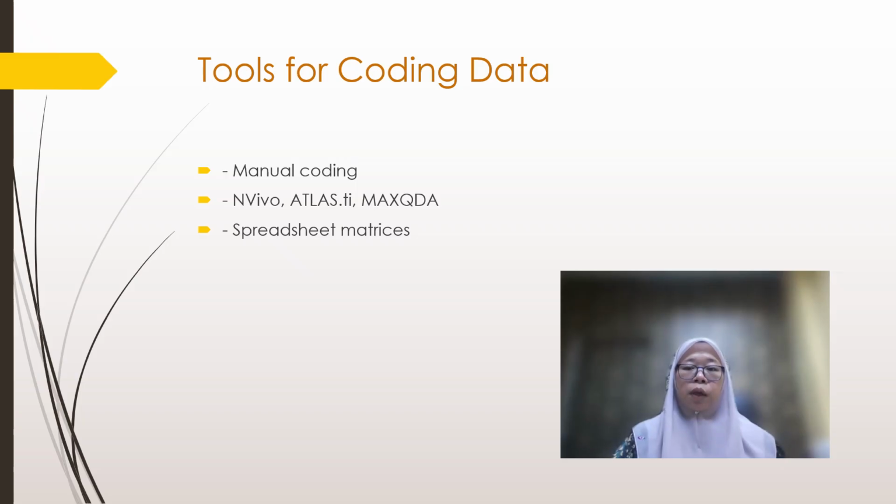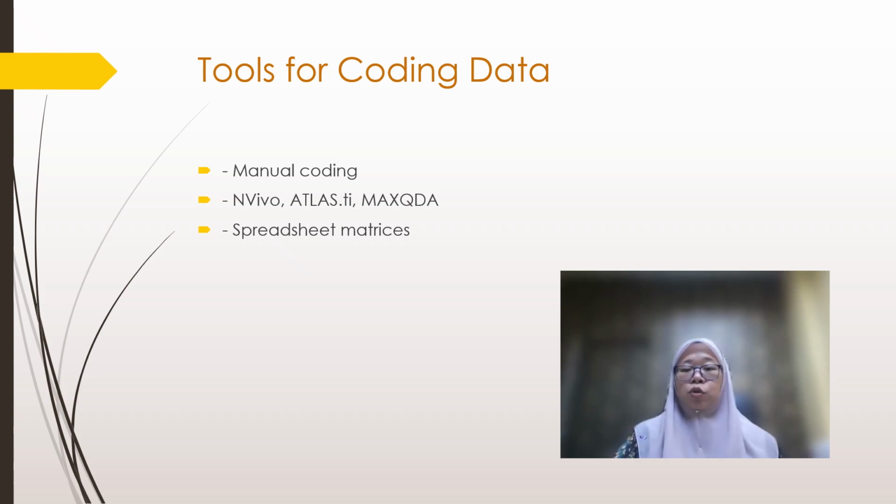Researchers can code manually using highlighters and printed transcripts, which is common for smaller projects. However, qualitative software tools such as NVivo or Atlas.ti can help to streamline the process by making it easier for you to tag, organize, sort, and retrieve coded data.